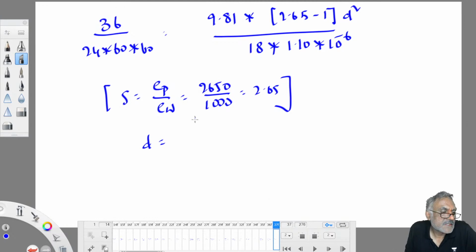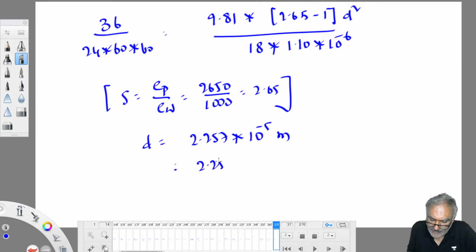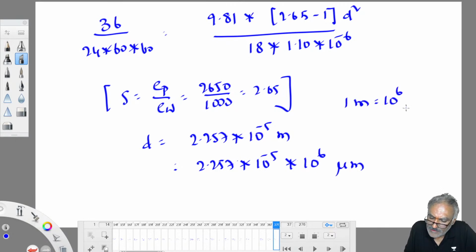So I got this is 2.257 into 10 power minus 5 meters, but I have been asked to express in microns. 2.257 into 10 power minus 5 into 10 power 6 microns. 1 meter is equal to 10 power 6 microns, so multiply this with 10 power 6.